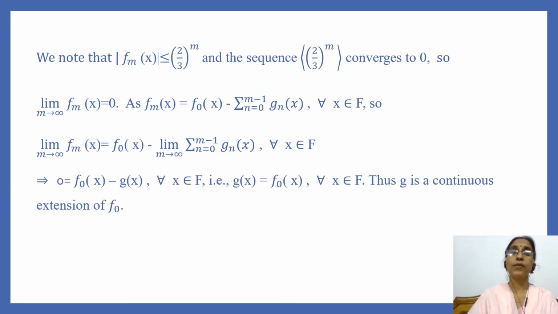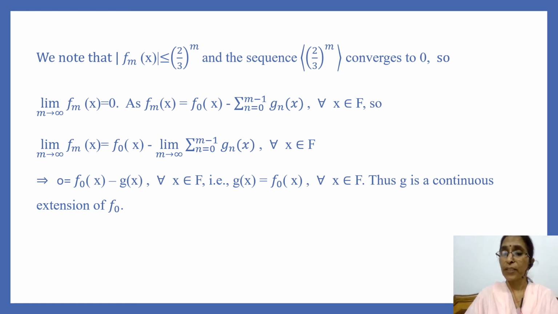We note that |f_m(x)| is less than or equal to (2/3)^m, and we know that the sequence (2/3)^m converges to 0. So the limit of f_m(x) as m tends to infinity is equal to 0.